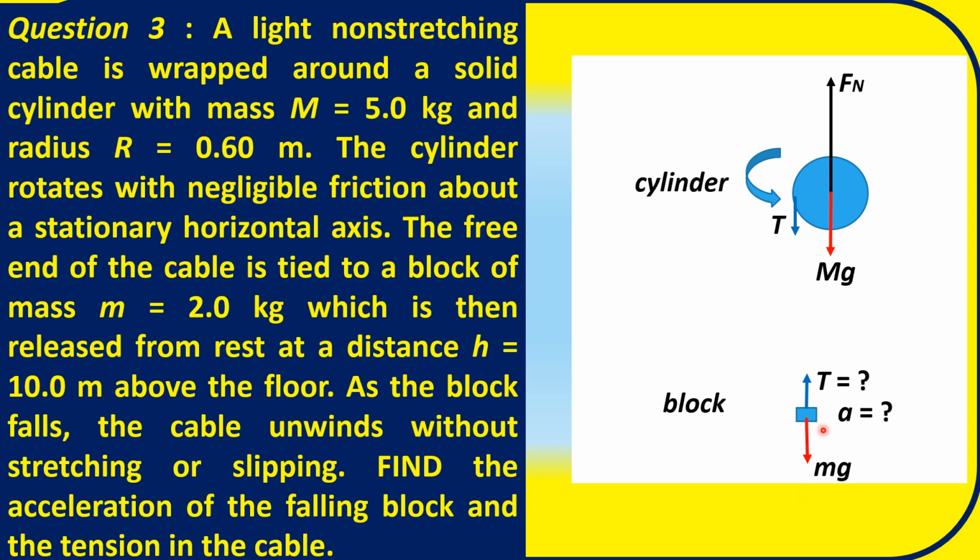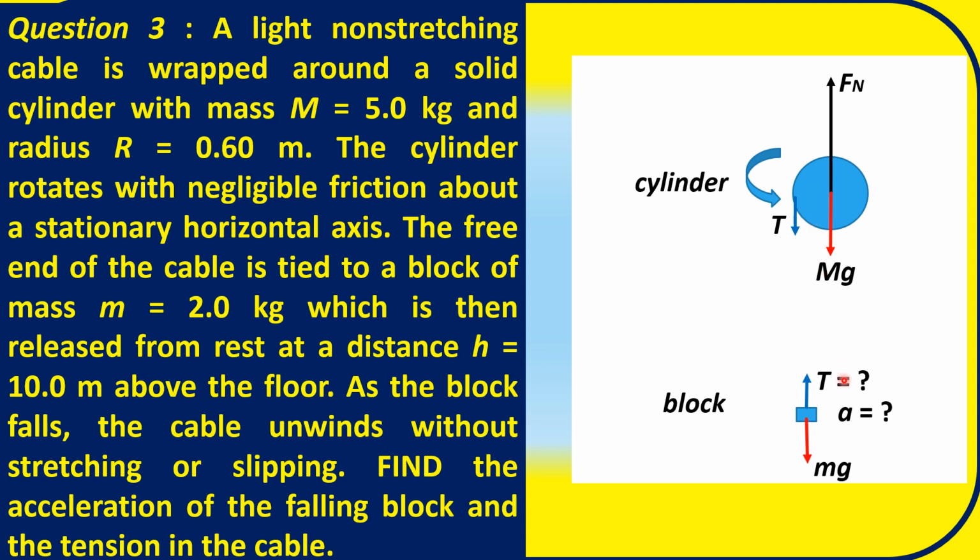So for the block, there are two forces acting on it. We have, of course, the tension in the cable, which happens to be the same tension that is represented in the diagram for the cylinder, by virtue of the third law of motion.